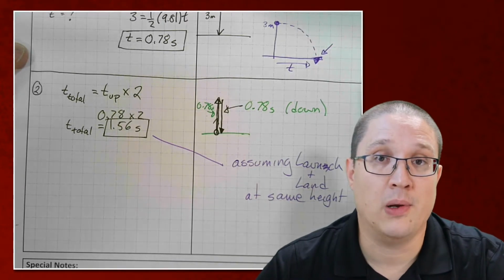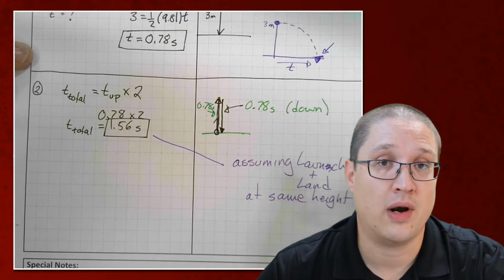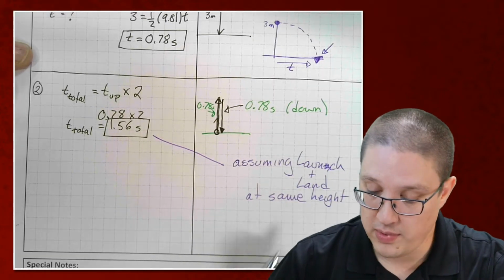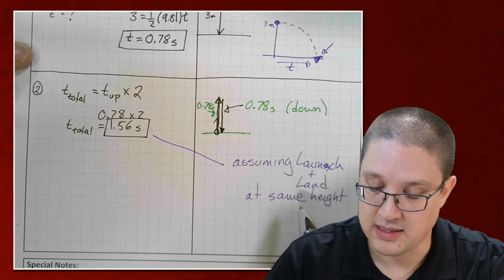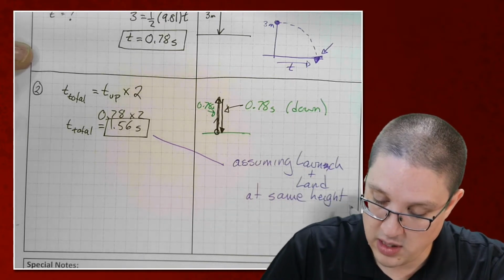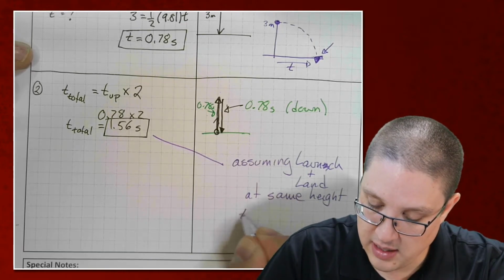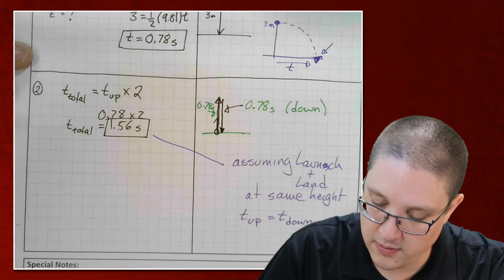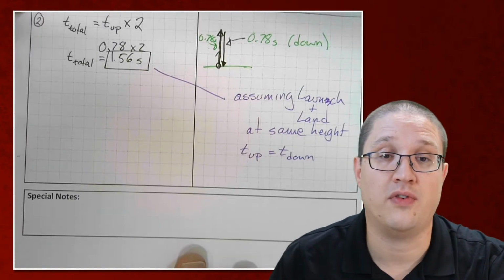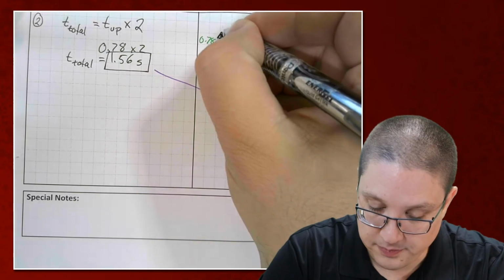If I throw this off a building and it lands at a different height, lands on the ground, this will be different. If assuming we're launching and landing at the same height, my time is the same up and the same down. So if assuming launch and land at the same height, t up is equal to t down. That's useful.